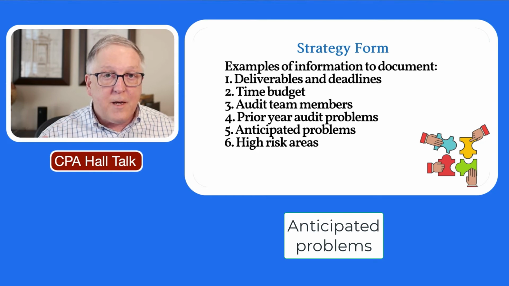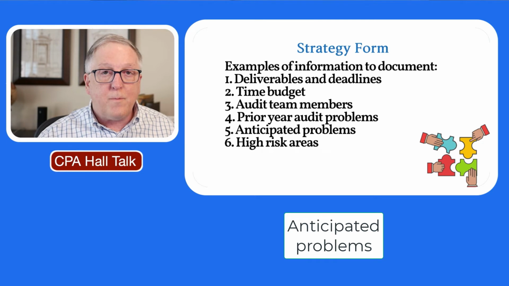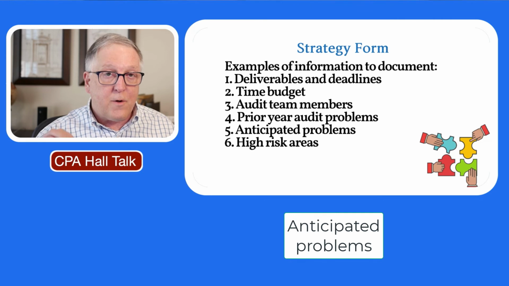And you want to anticipate what the problems might be in your financial statements and in the information that you would need to deal with that dynamic. So think about anything that's different for the current year that you didn't have last year and what you will need in order to address those new things.